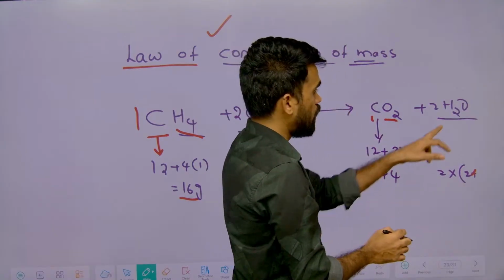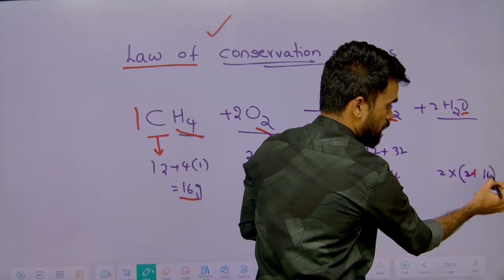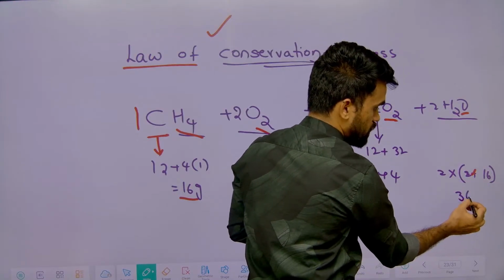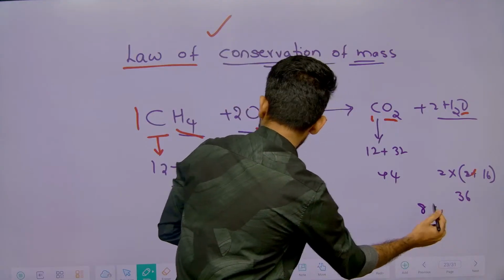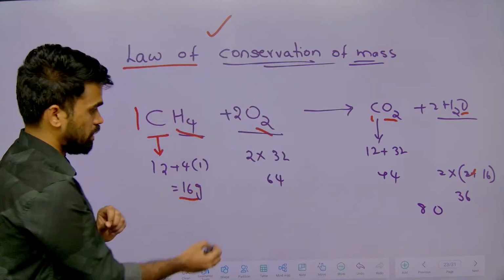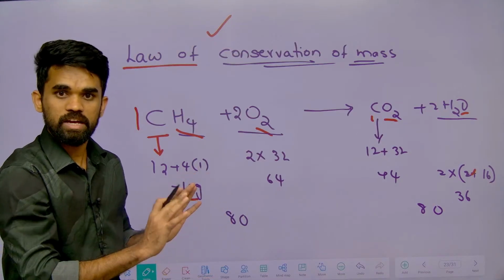Oxygens: 1, so it is 16. Total 18 into 2 is 36. 36 plus 44 is 80. This side also, 80. So is the total mass conserved or not? This is the law of conservation of mass, which everyone knows.